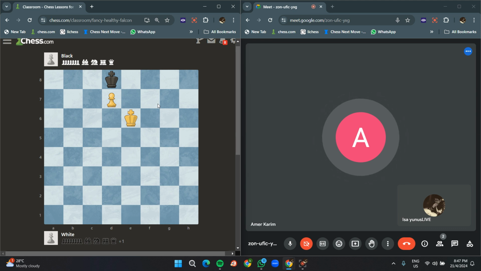Good. And if it is black's turn, black has to move, like king to c7, and then you will move up. And which square is this? Yes, key square.